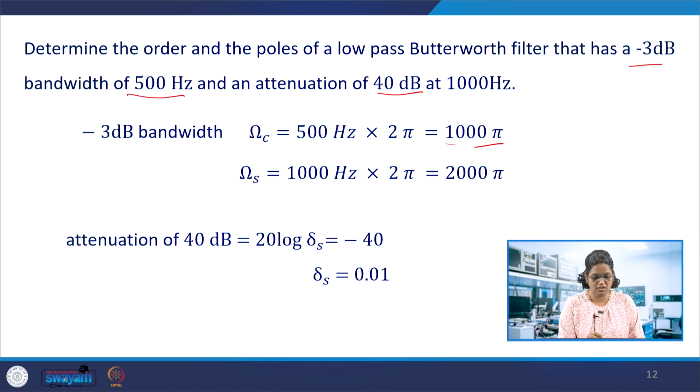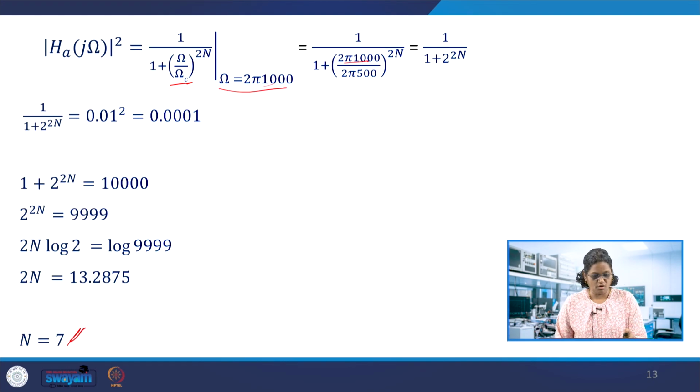Here the specification doesn't mention any passband ripple. So instead of that, the order can be found from the magnitude response, which needs to be 40 dB attenuation at a certain frequency. So we use that expression and the specification and find the order.